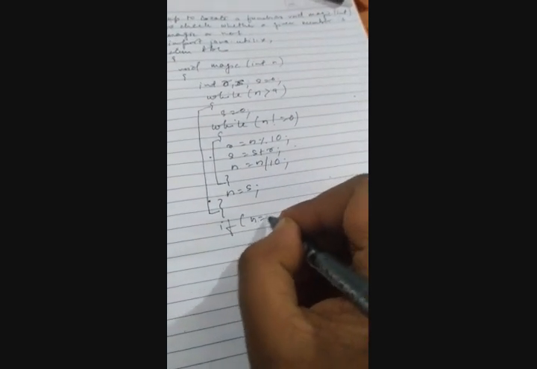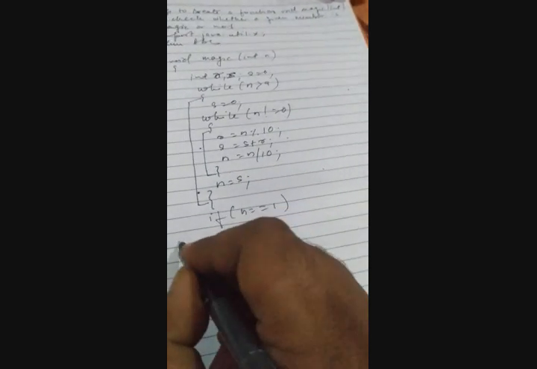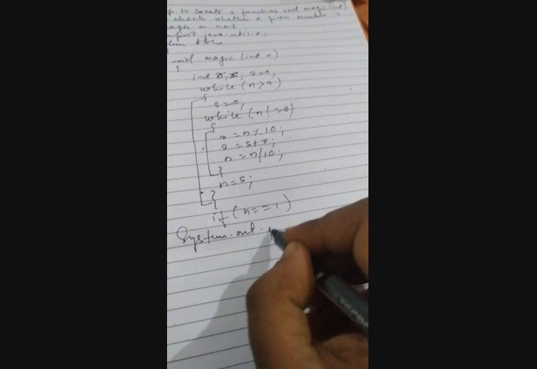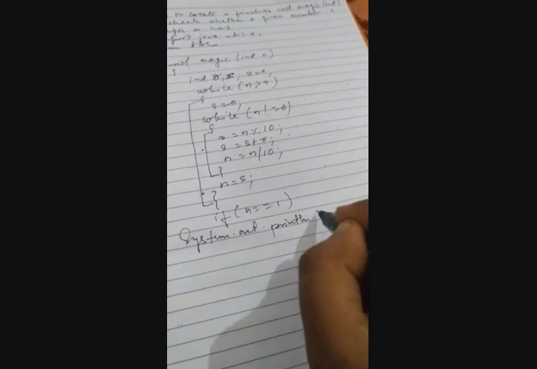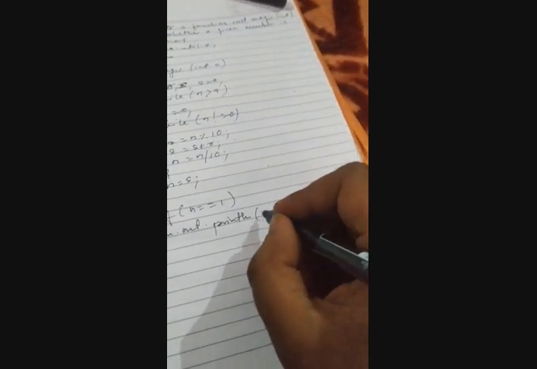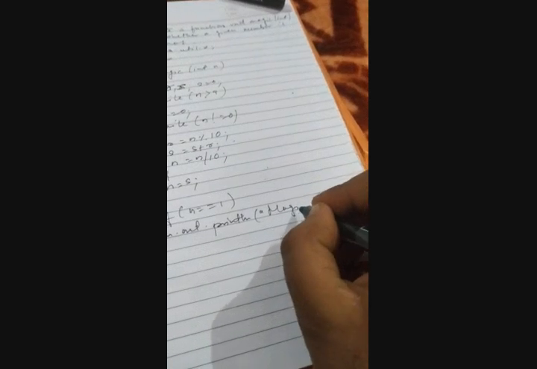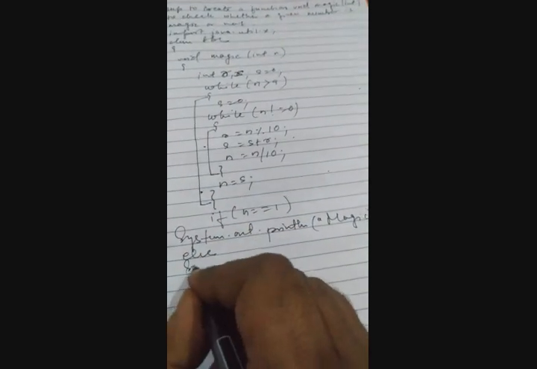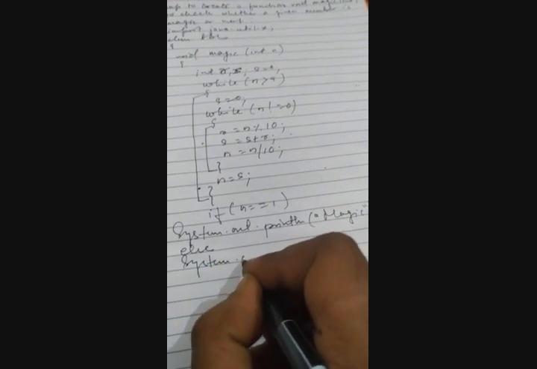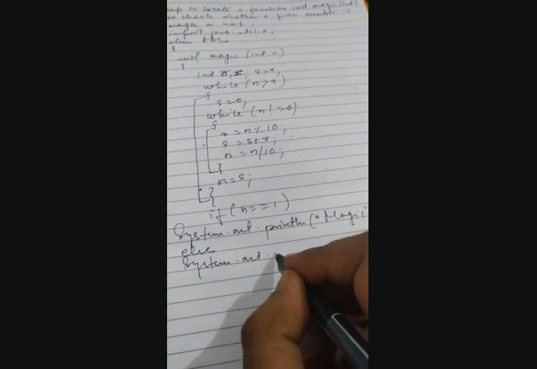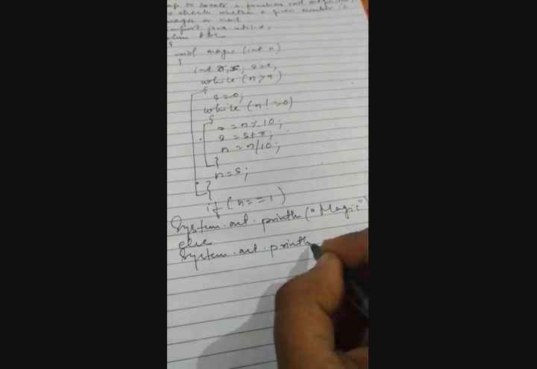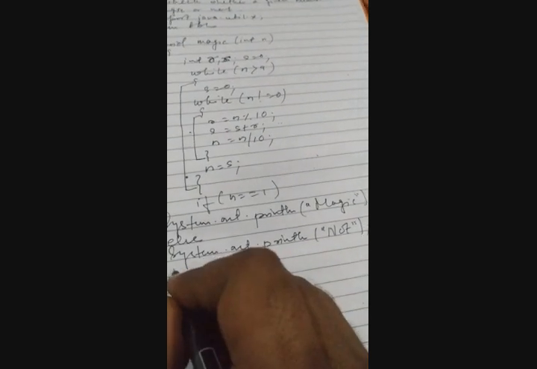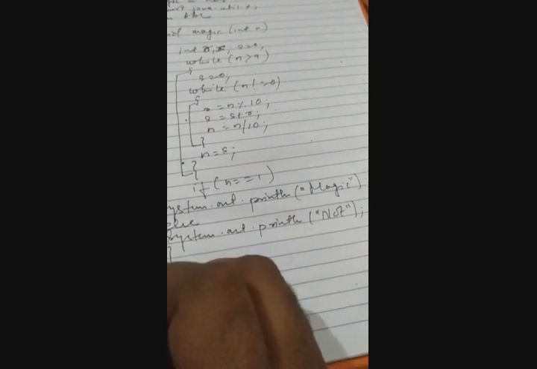If n equals 1, system dot out dot println magic, else system dot out dot println not, then you close the method.